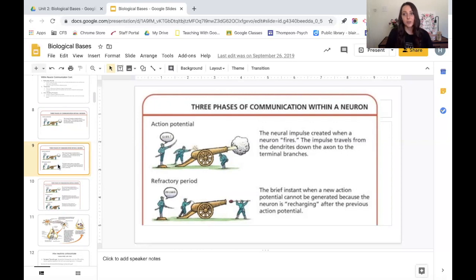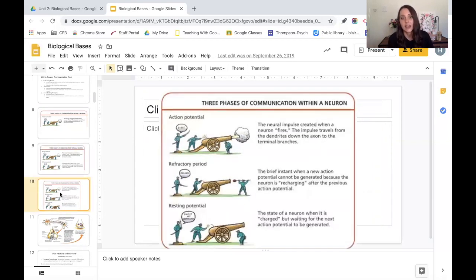So you fire and then rest, and then you're in a resting potential until something causes that neuron to fire again. So you want to make sure that you remember the difference between action potential, refractory period, and resting period. And remember the positive and negative ions as they are in the neuron.